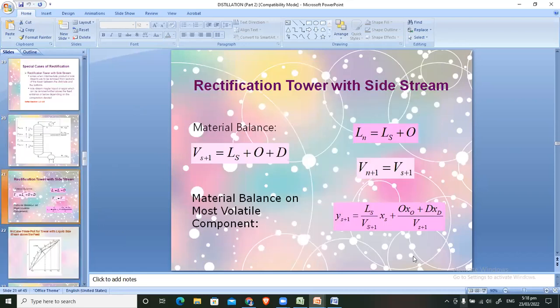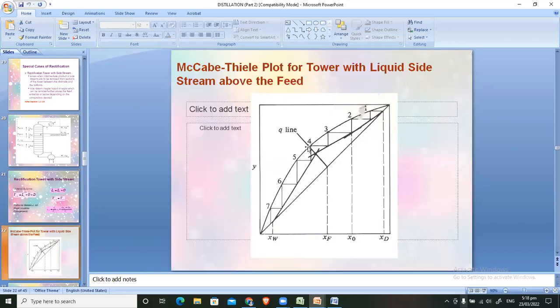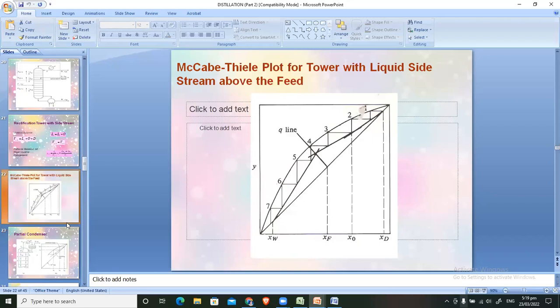Okay, this would be the new operating line equation for this third line in here. So the usual graphical representation is you only have two operating lines. In this case, you already have three. You have the enriching section, you have this operating line for that side stream, and you have here the stripping section.